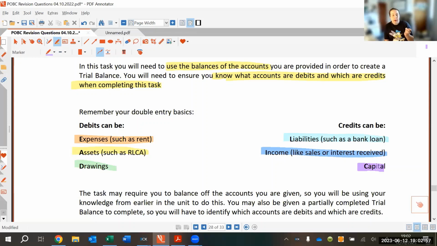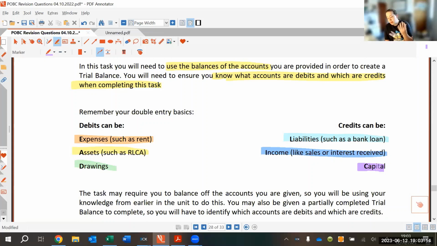The other thing to think about is if you are given accounts to balance off and you're only given space to put in a balance carried down, whatever side your balance carried down is, the balance you take for the trial balance will be on the other side.